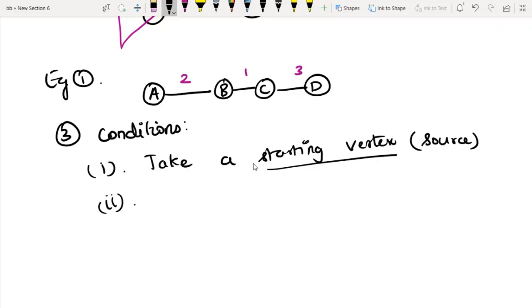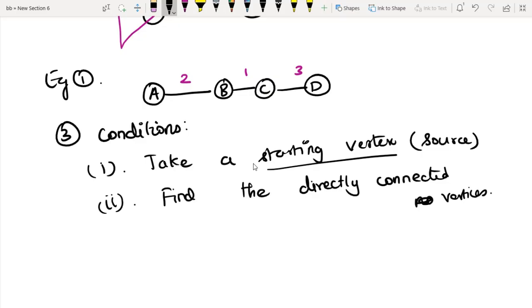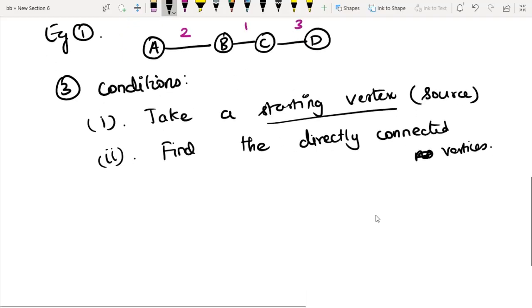Second one is find the directly connected nodes, or vertices. Let me go for the term vertices. Find the directly connected vertices.